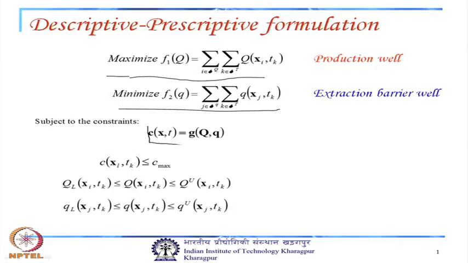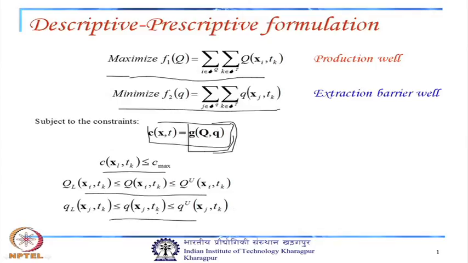This is subject to the externally linked simulation model for concentration C. We can directly get it from this external g function, which is not exactly a proper expression, but some kind of linked thing, and this is the concentration related constraint, that it should not be greater than the specified concentration limit. These are the limits for our production well and barrier well.